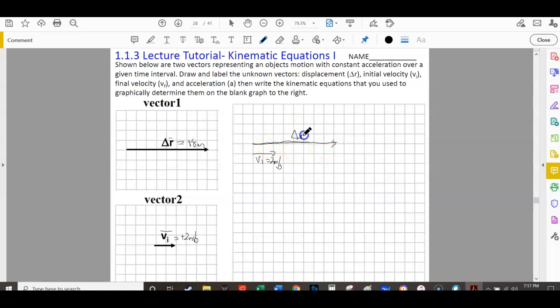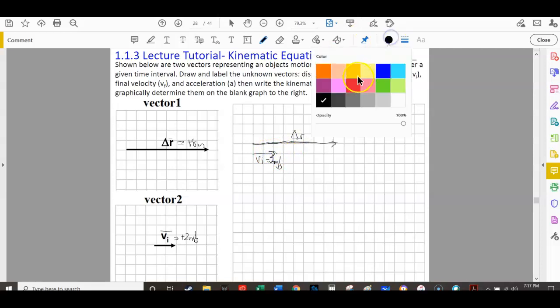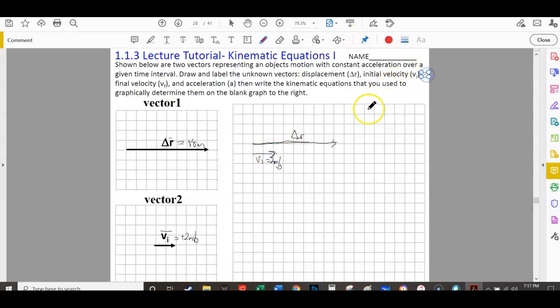Well, just by using logic, our final velocity vector has to be, if your displacement starts here at 0 meters and ends here at 8 meters away, and your initial velocity vector is only 2 of that, then your final velocity vector has to be the other 6.